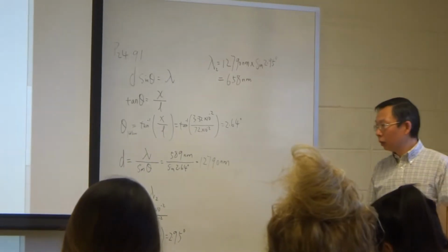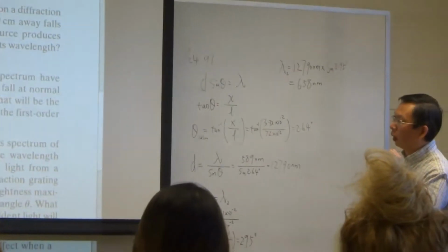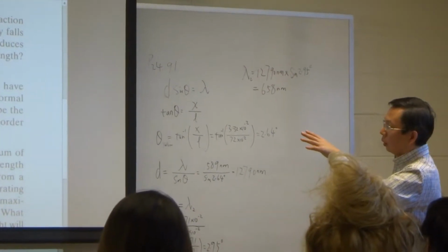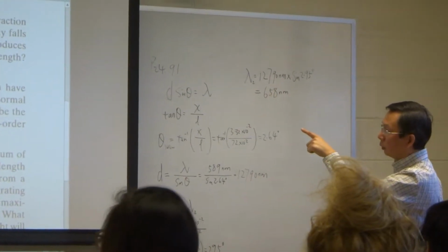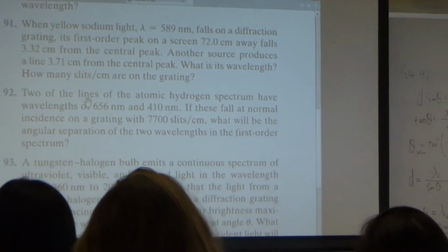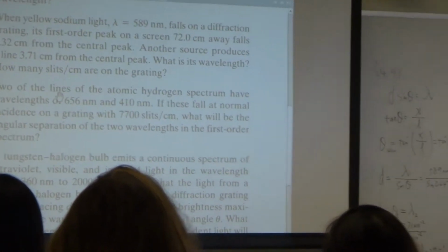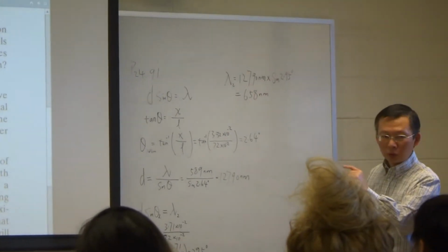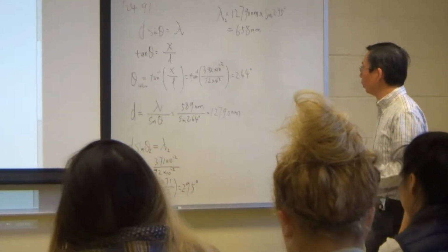Okay? From the first sentence of the problem, from the yellow light, we determined d, the separation between the two slits on the grating.